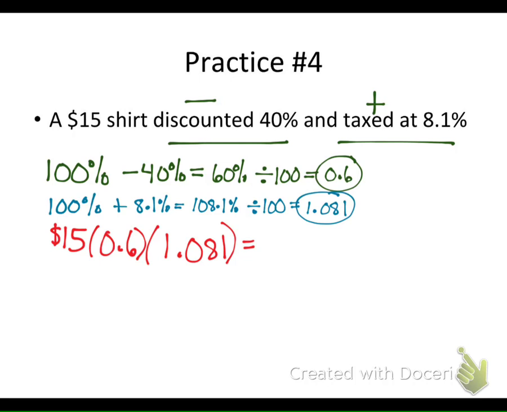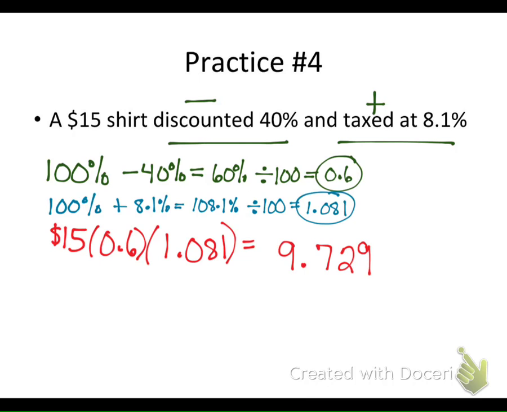So I'm going to take in my calculator 15 times 0.6 times 1.081. Once you type that into your calculator, what do you get? Show it to me. What do you get? Who has it typed into their calculator? Okay, so once you type that, you're going to get 9.729. Now again, I'm dealing with money.